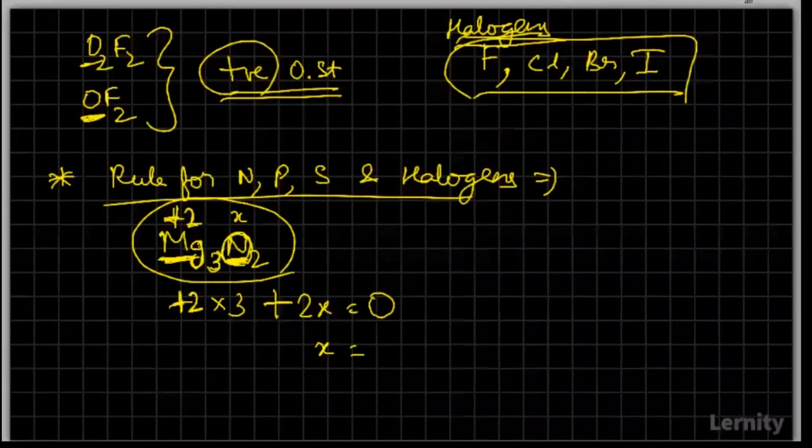Please be specific with the sign. Nitrogen is more electronegative, so make sure it has a negative oxidation number. Here 2X equals -6, so X equals -6/2, which is -3. So nitrogen will have -3 as its oxidation number in this case.